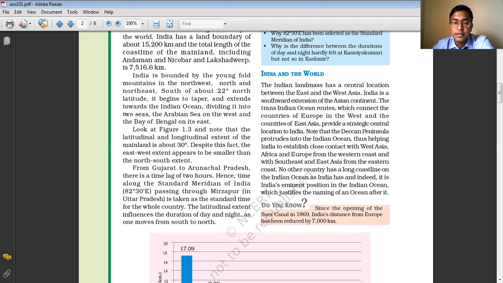And next we are moving to discuss the relationship of India with the other countries of the world. As India is a country which has one of the oldest civilizations, India's relation with the other countries of the world is not new.